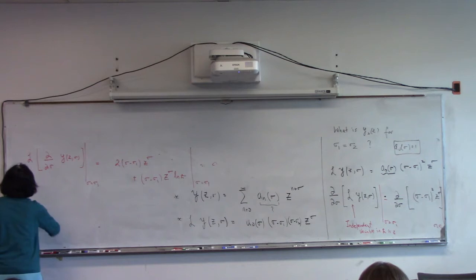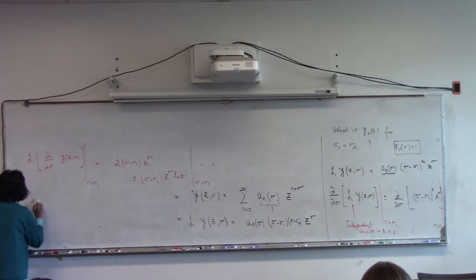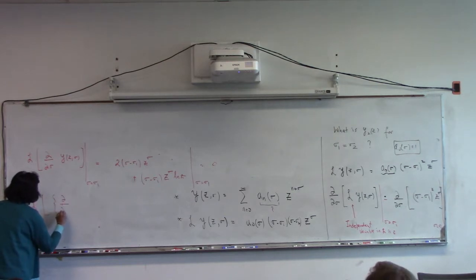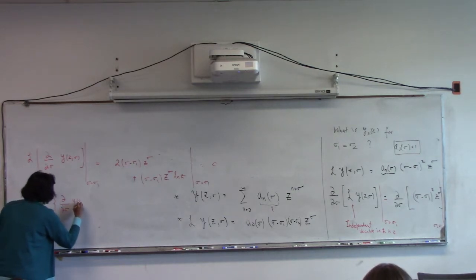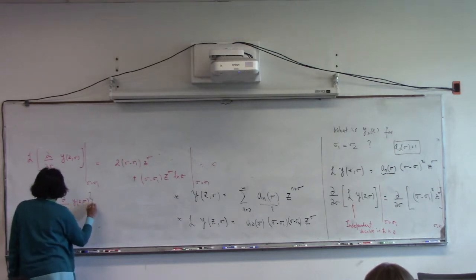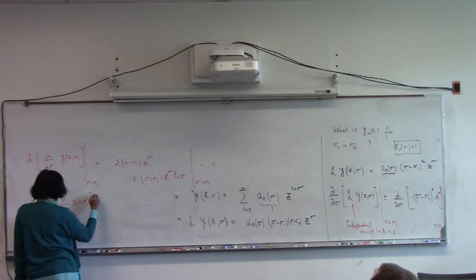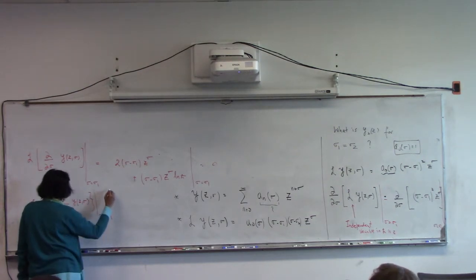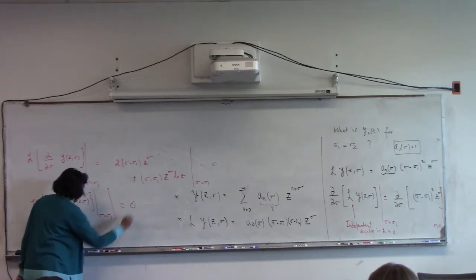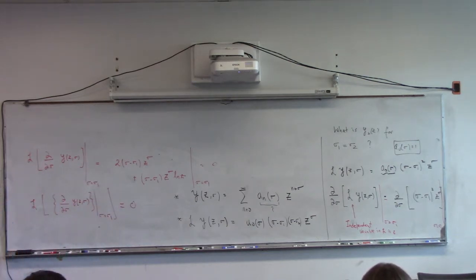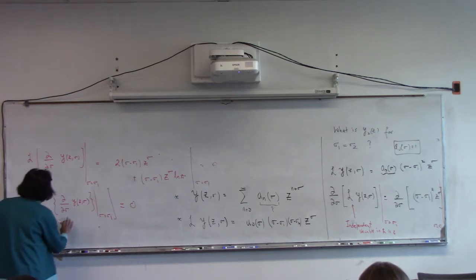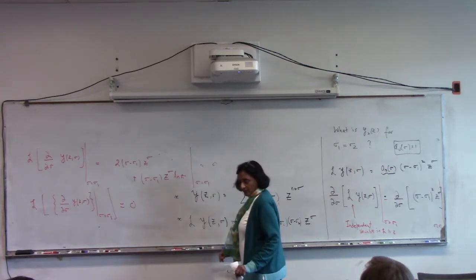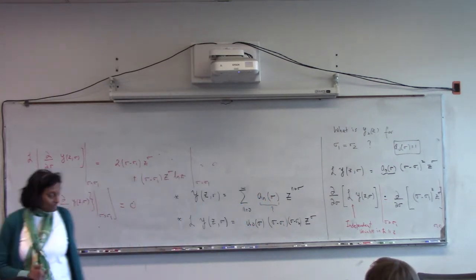I have this linear operator acting on this. This is what we have. So what can we say about this quantity within the curly parentheses? Is it a constant? No, no.